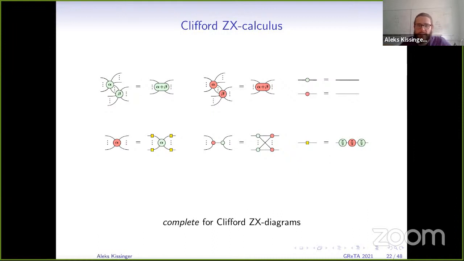If you're looking at this as a non-expert, you would probably say this looks about as simple as the thing that I showed you before. But there was a bit of complexity hiding in this last rule in the universal case, where you really had to do some trig to do some angle calculations. That's gone, just replaced by this simpler thing. And it's still complete, but now for this limited fragment of the ZX calculus.